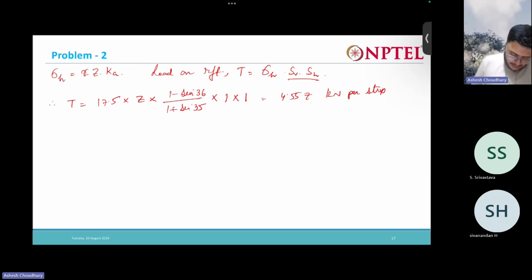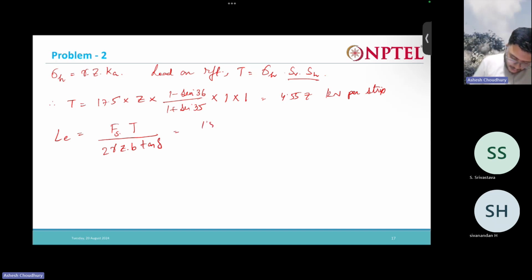Okay, then what is LE? Similar to the previous one, factor of safety times T, that is the tension or the load coming on each reinforcement, divided by twice gamma Z B tan delta. B is the width of the reinforcement here.